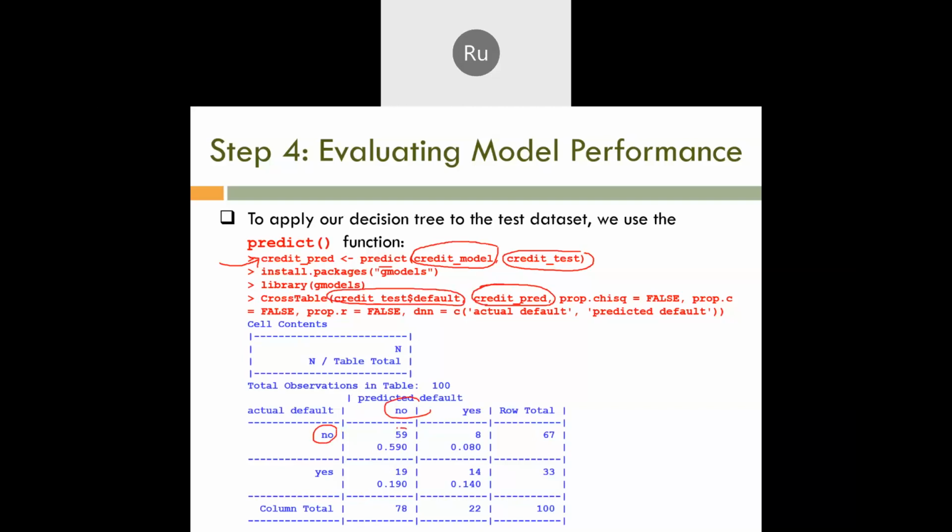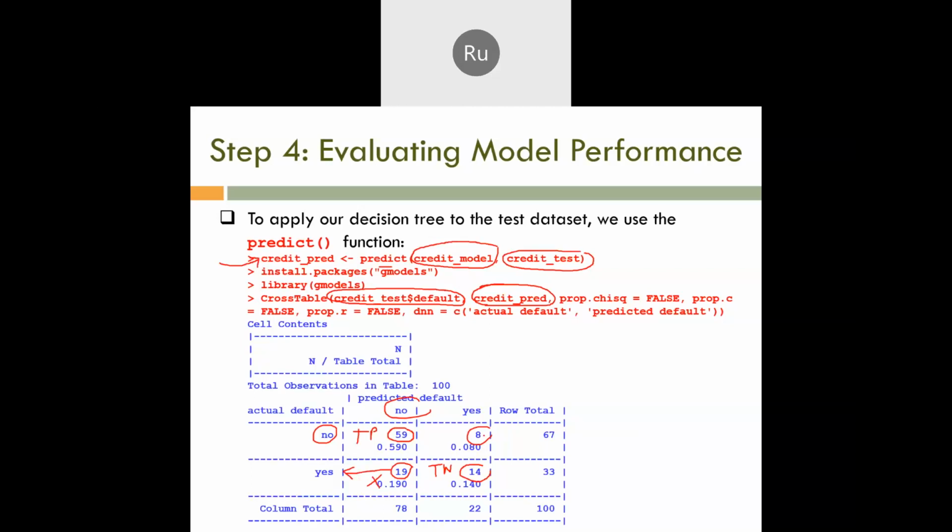So that means we have 59 predicted as no, and the actual value is also no. So this is okay, this is true positive, and this is true negative. Both are okay. But we have this 19 and 8 because we predict them to be no, but the actual label is yes. So this is misclassified.